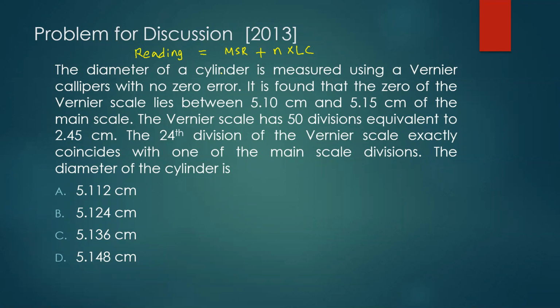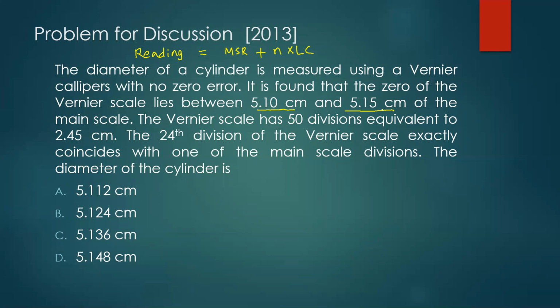Now here, if you read the information, they're saying the zero of the vernier scale lies between 5.10 centimeters and 5.15 centimeters. From this information, we can infer that there is no other division between these two markings on the main scale.